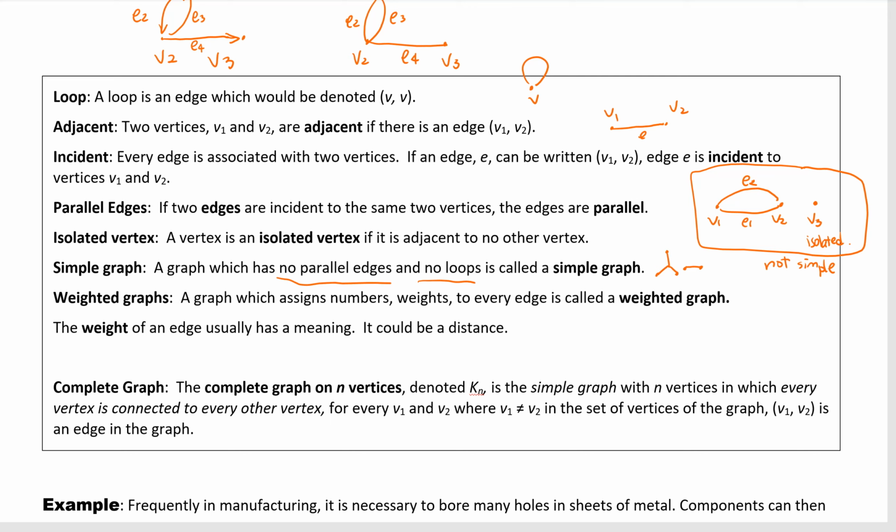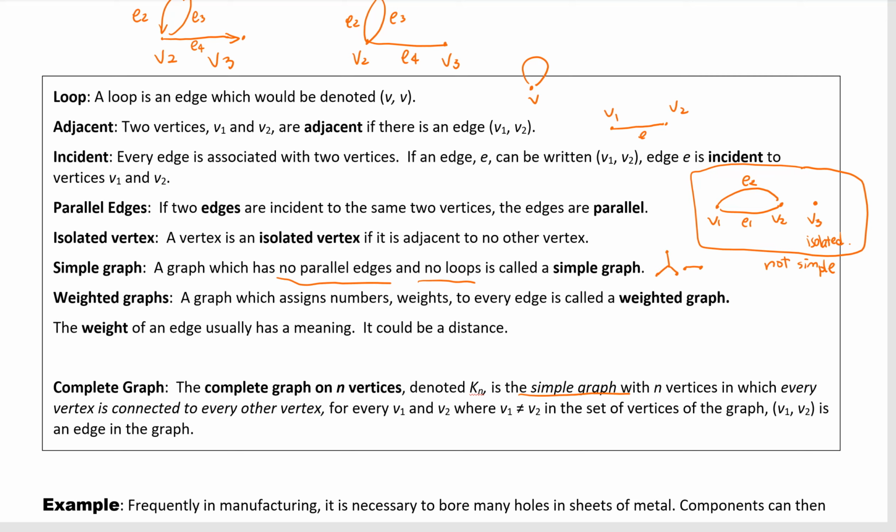Next, complete graph. The complete graph on n vertices, denoted K sub n, is the simple graph with n vertices in which every vertex is connected to every other vertex. For every V1 and V2, where V1 and V2 are not the same, in the set of vertices of the graph, then (V1, V2) is an edge in the graph.